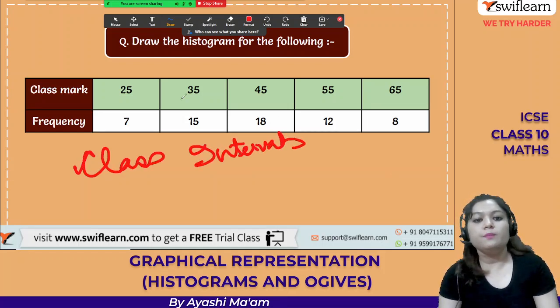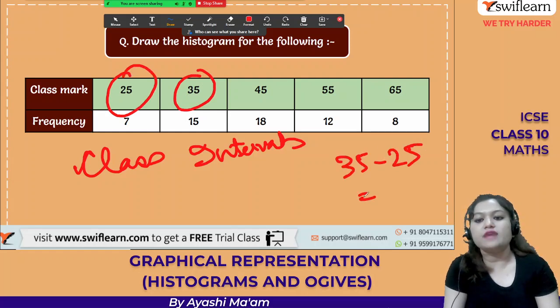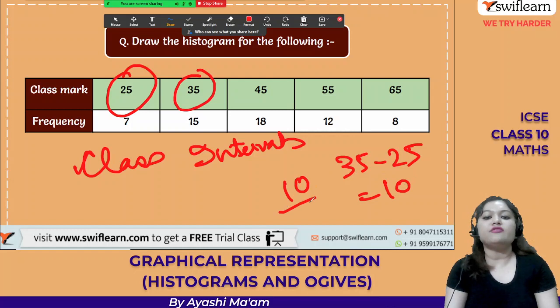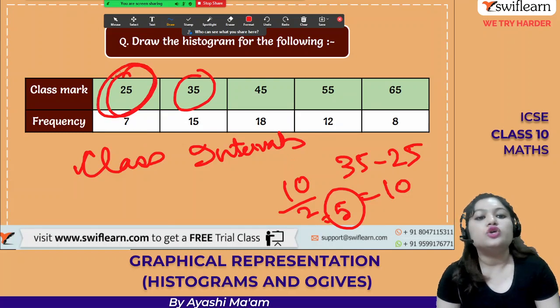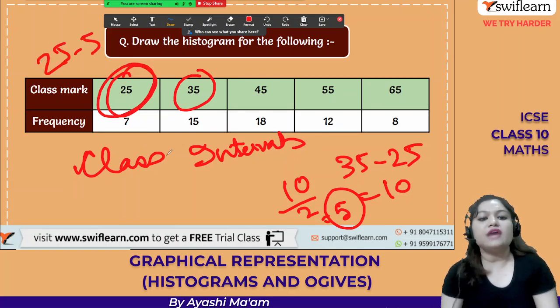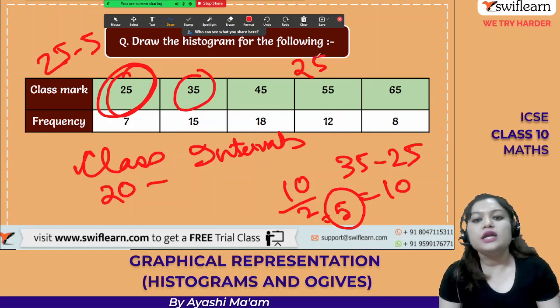Very easy. Simply take this 35, take this 25. So 35 minus 25 is equal to 10, and simply divide this 10 by 2, then you will get 5. Now with this 5, for the first class interval, we will simply do 25 minus 5 as your lower limit, that means 20. For the upper limit, you will do 25 plus 5, that is 30.